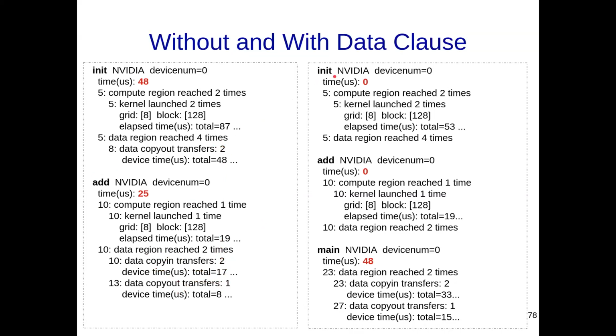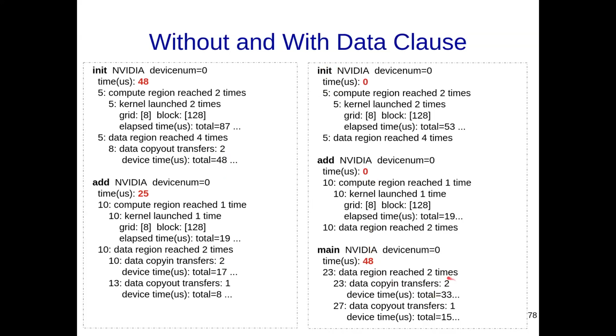When I specify the data clause, the initialization takes almost 0 seconds. This 0 doesn't mean exactly zero, it just means that it takes a very small amount of time. Similarly, add also doesn't take much time. Main, now since it has a pragma, we are going to specify some work to be done. In fact, the data transfer is going to happen there.